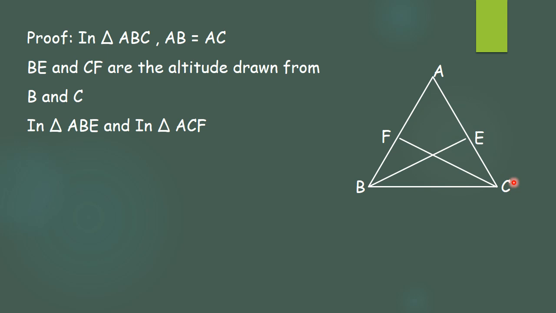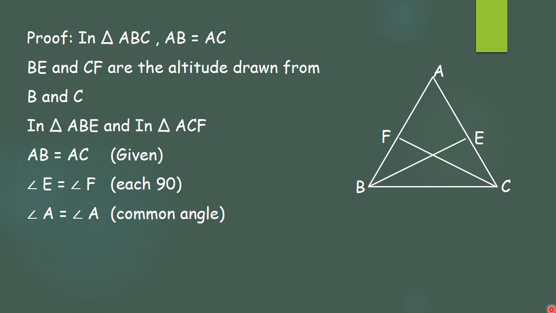Now, as stated, I have considered triangles ABE and ACF. I can write AB is equal to AC, given, directly. Then angle E is equal to angle F, each 90 because the perpendiculars are drawn, and angle A is equal to angle A, that is a common angle. When we consider triangles ABE and ACF, the angle A remains the same.